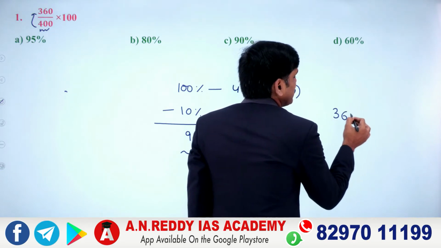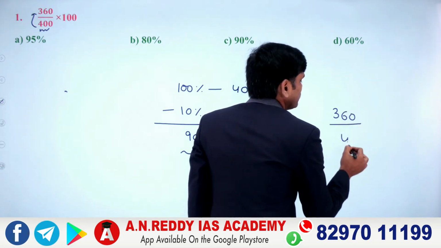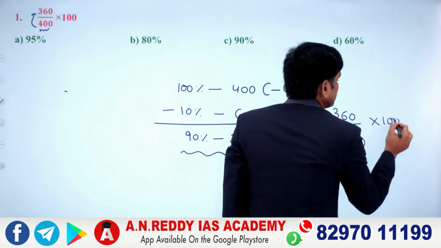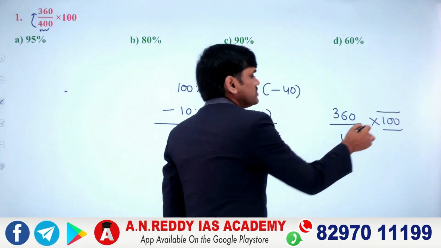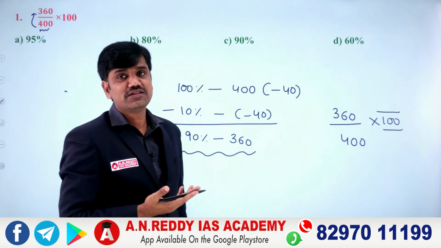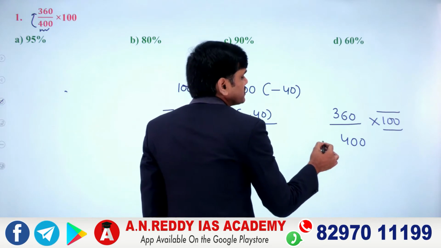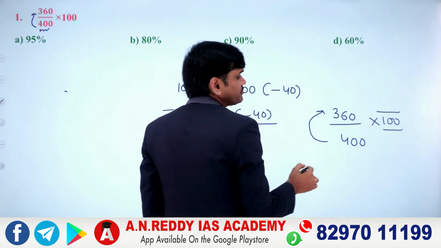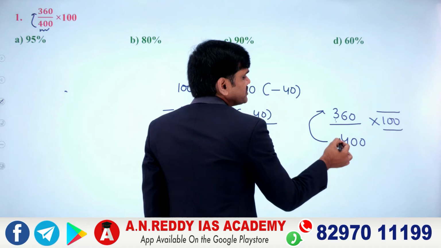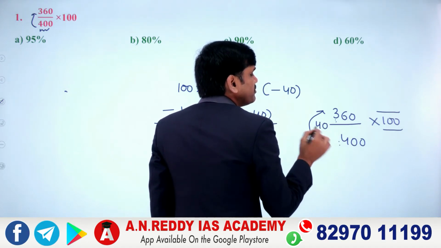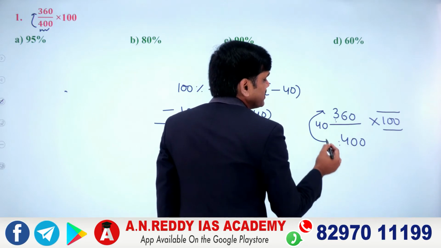So 360 by 400 into 100, this is what we are checking. Please don't go for cancellation, dear, because if zeros are there you may cancel, but if zeros are not there you cannot cancel. That's why I don't want you to take that risk of cancellation. Just go like this. Value wise, this is how much less than this? Value wise that is 40 less. Percentage wise, this is how much percent less than this?